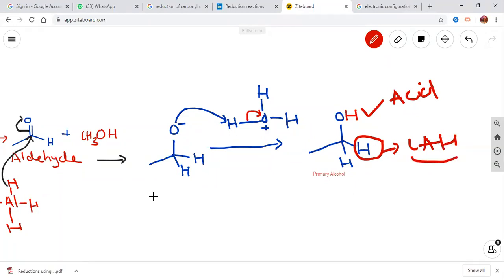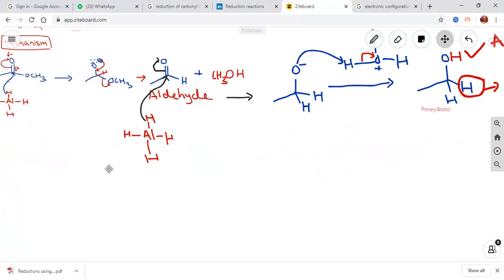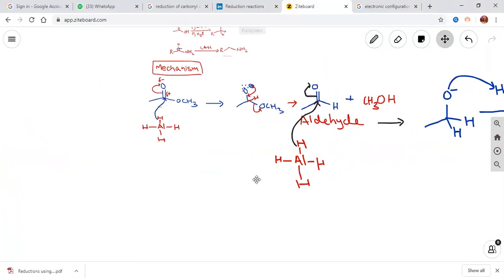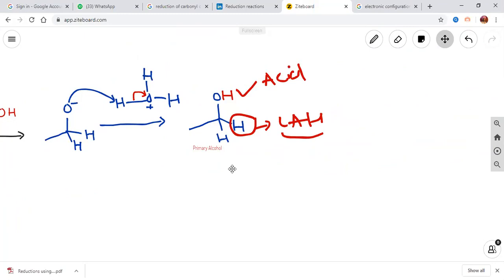In fact, both of these hydrogen atoms come from lithium aluminum hydride, and this hydrogen comes from the acid. Did you understand?